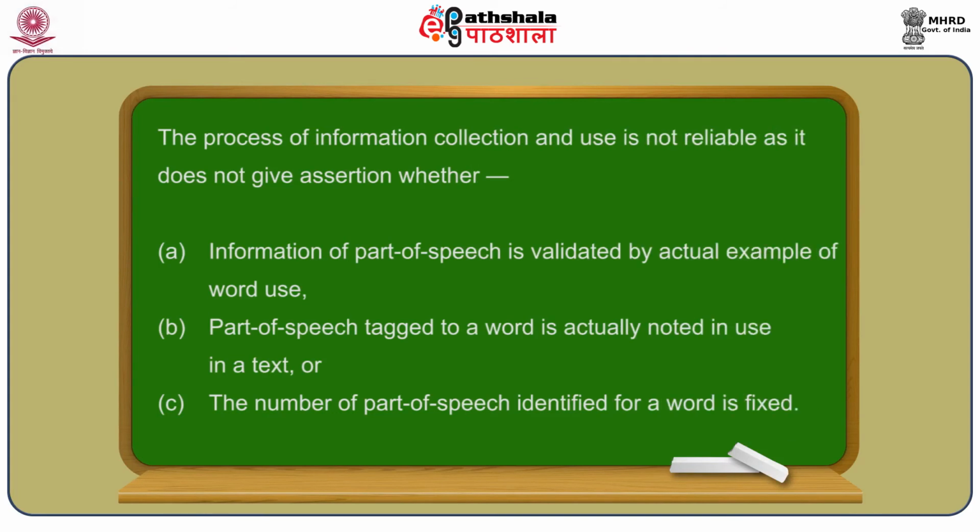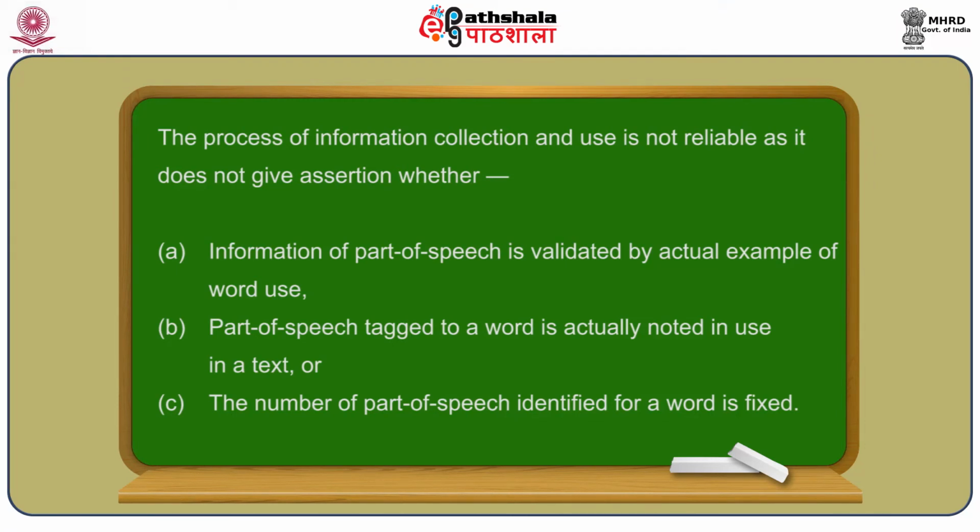All those different parts of speech are retrieved from the corpus, and all those 4 parts of speech, as well as their usages in different contexts, are furnished. So the information on parts of speech is validated by actual examples from the corpus. The part of speech tagged to a word is actually noted in use in text. That is very important. And the number of parts of speech identified for a word is also fixed, because from the corpus we can find out the total range of parts of speech.